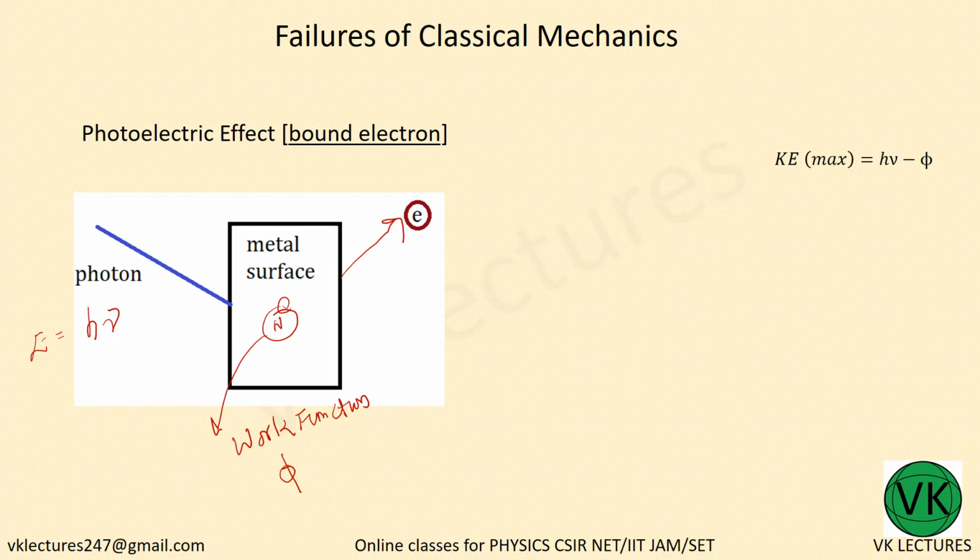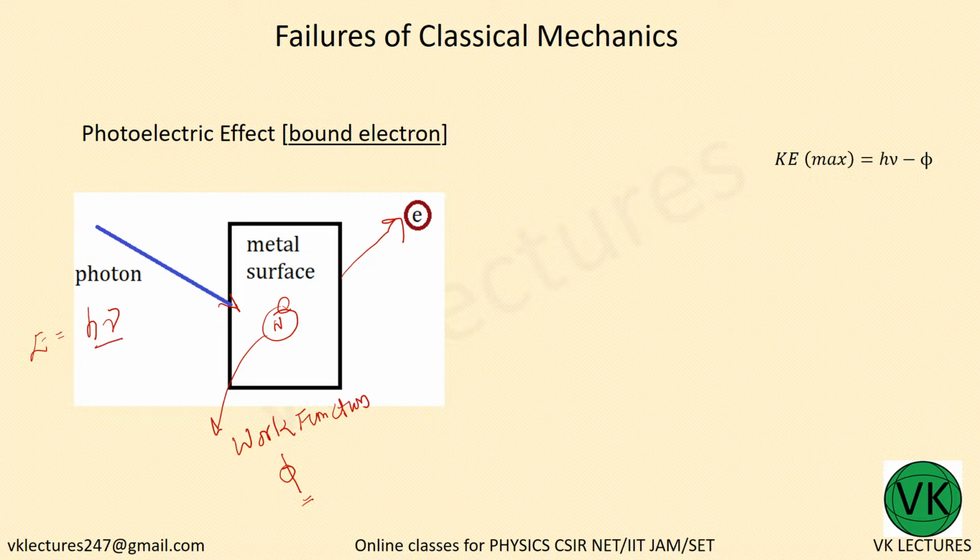Now we have a clear picture. Here is an electron in the metal surface which is bound to the nucleus by an energy equivalent to phi, and here is an incoming photon of energy h nu.